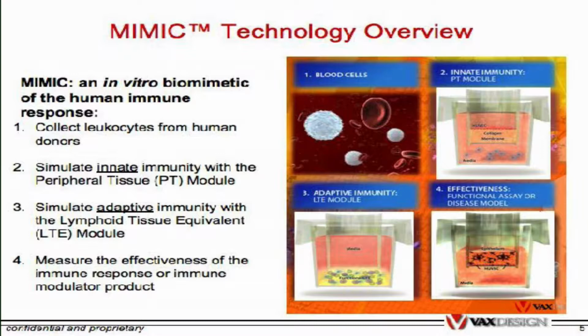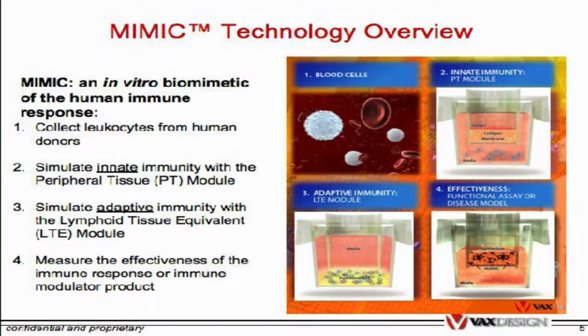And to give you a bit of a background to what our scope is, VaxDesign has developed a system that we call the MIMIC system. The MIMIC system is one that we hope recapitulates immune responses in vivo in an in vitro setting. The way we've done this is we have several modules to the MIMIC system, one of them being the innate immune response, or what we call the peripheral tissue equivalent module, PTE.